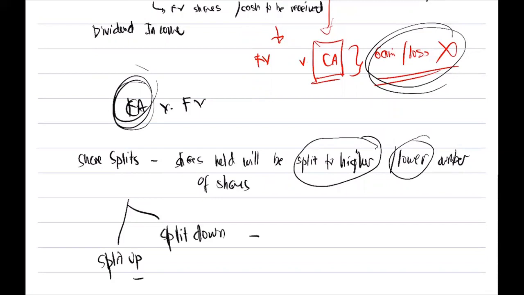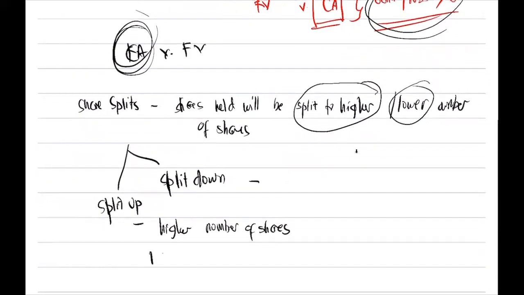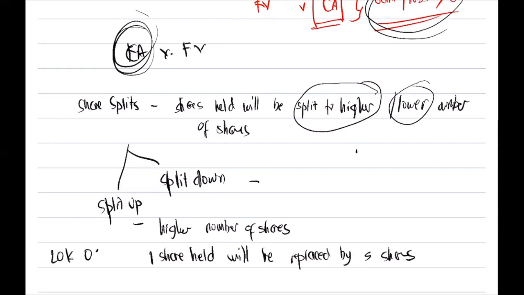Okay. So what is a split up? When we say split up, you have a higher number of shares. So for example, one share held will be replaced by 5 shares. So let's say you have 20,000 ordinary shares.